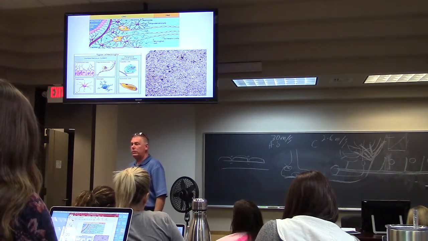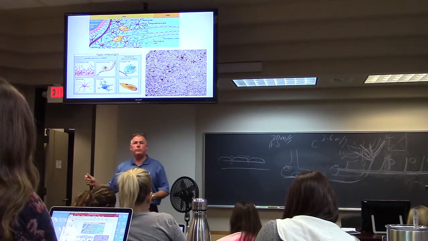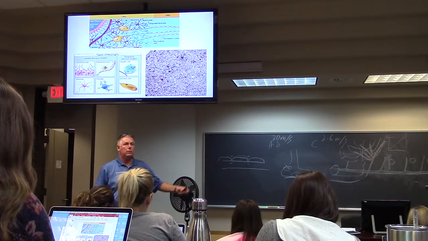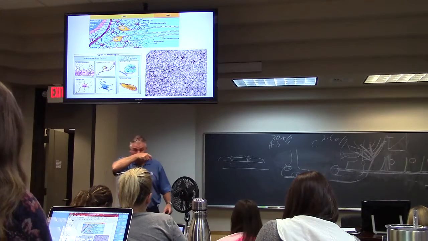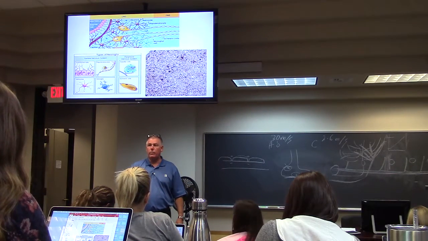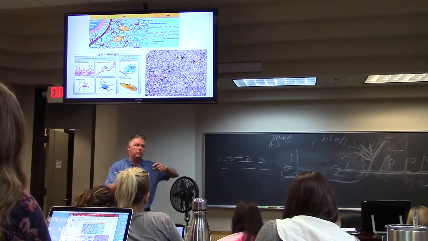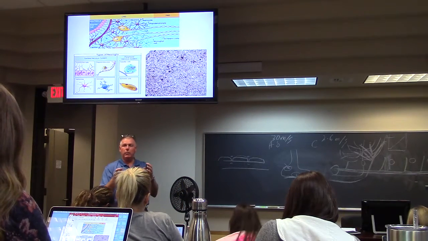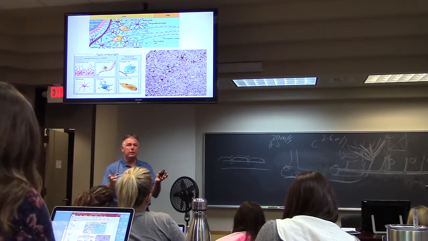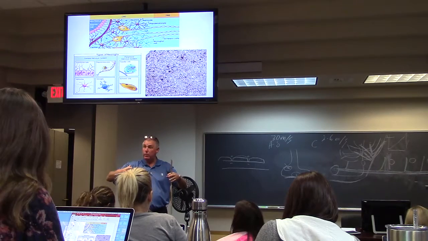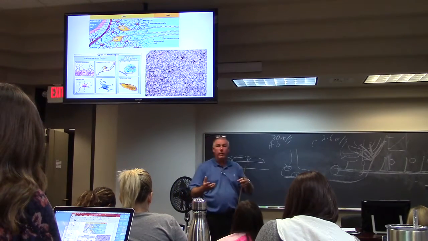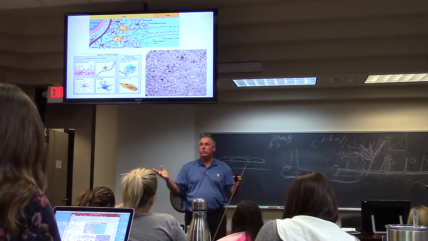And one of their functions is to transfer nutrients from the blood vessel into the neuron, and transfer garbage from the neuron back to the blood vessel. So glial cells not only provide nutritional support for the CNS, they form a scaffold. They also, through the microglia, are the garbage collectors.